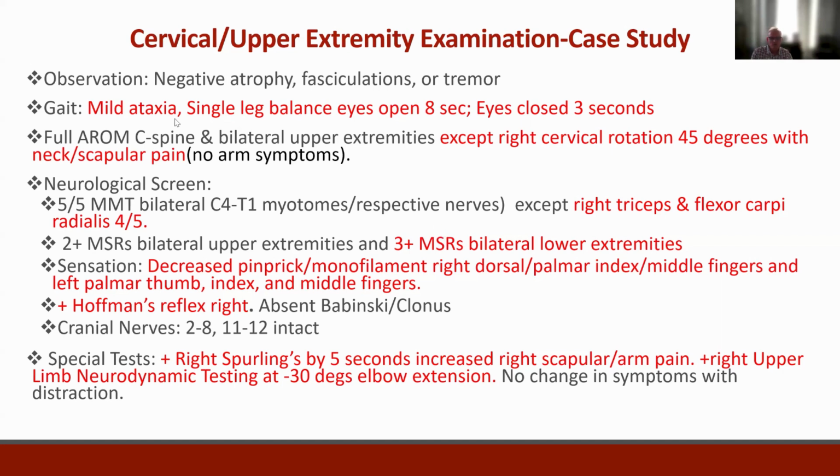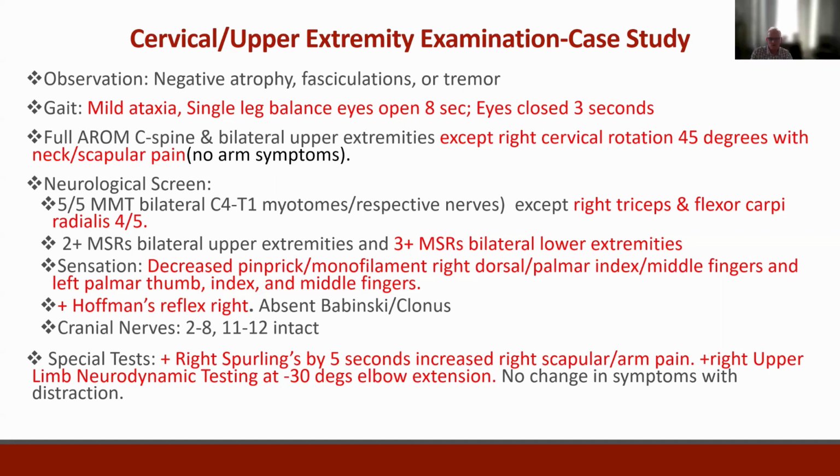All right, so a couple things to look at here. Do you think this is just straight up radiculopathy based on what you have? Some of the things that stand out to me are the bilateral symptoms and then the Hoffman's reflex.